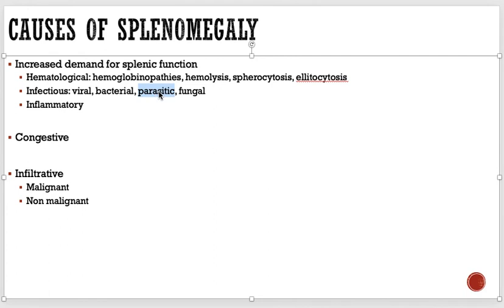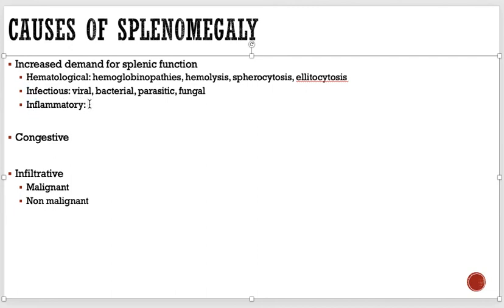Whenever they have malaria, the patient's spleen gets enlarged. Viral: EBV, CMV, HIV. Bacterial: TB. Parasitic: malaria. Fungal, though not so common, but there are many. Then in Africa, there is a common condition called leishmaniasis. See, in both of these conditions, the spleen has to work more.